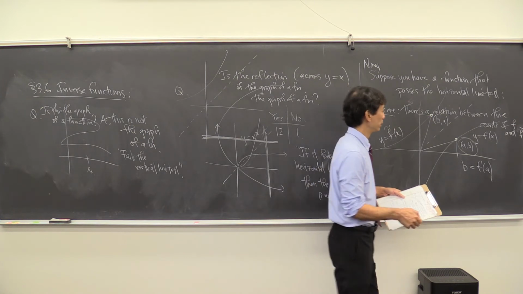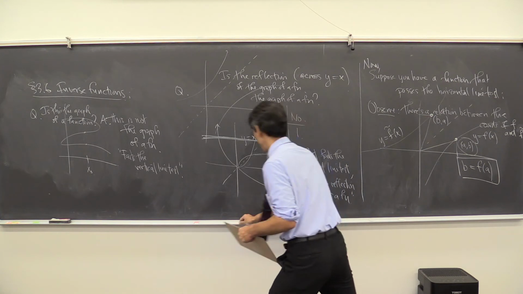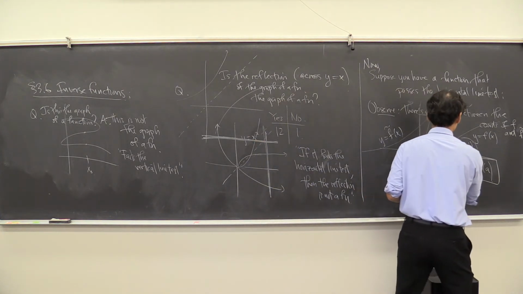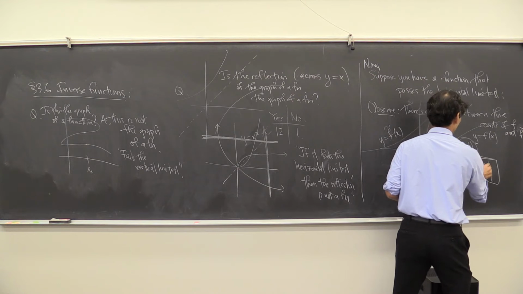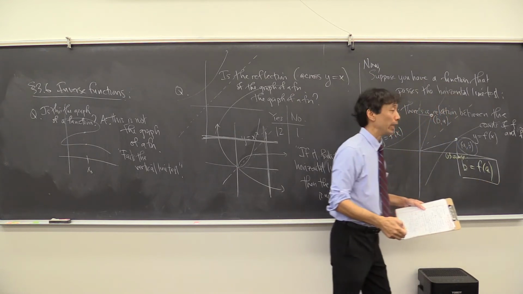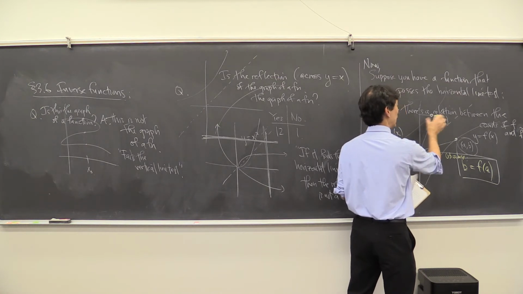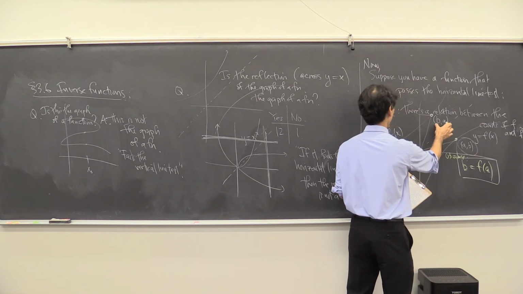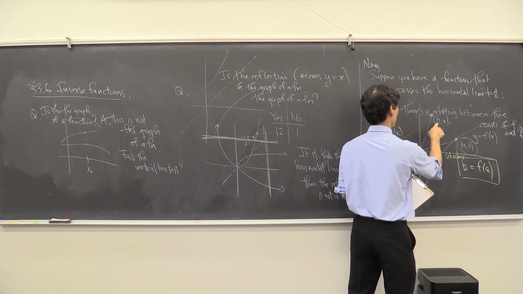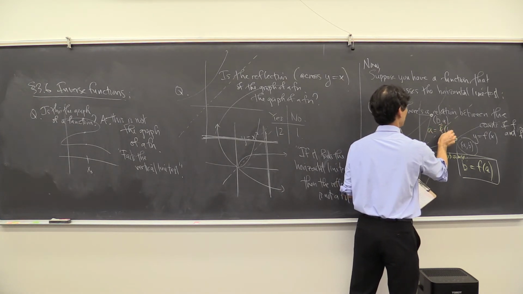Observe, b equals f of a. Now, the point (b, a) is on this graph. So what does that tell you? That tells you that the y coordinate a must be f tilde of b.